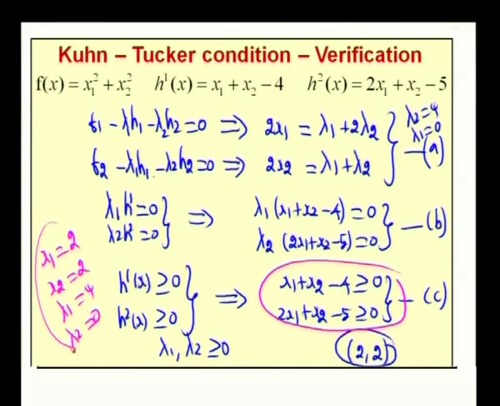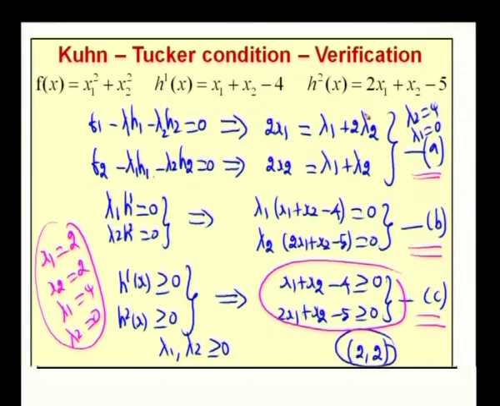So, with these values of x1, x2, lambda 1, lambda 2, all the equations A, B and C are satisfied. Therefore, we verify that the minimum obtained by the graphical method also holds good for the minimum obtained by Kuhn-Tucker conditions. So, we verified that the minimum obtained by the graphical method satisfies the Kuhn-Tucker conditions.